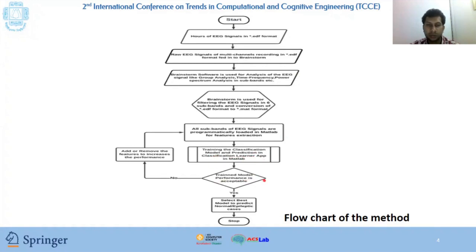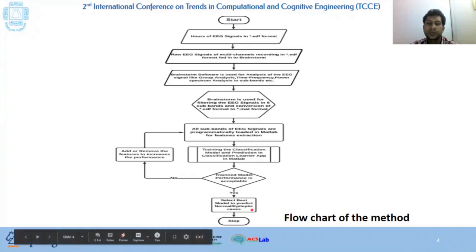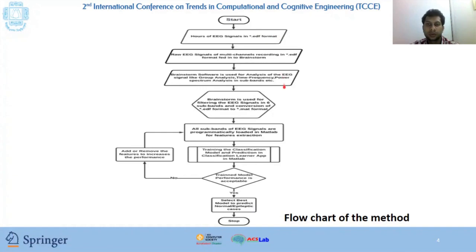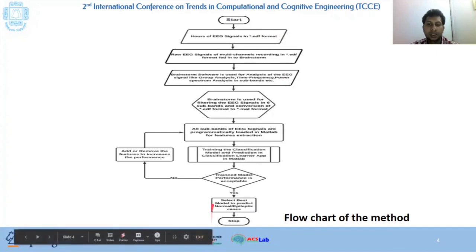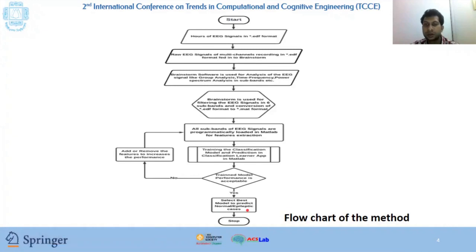If the trained model performance is acceptable, then we take the best of them and predict the normal and epileptic cases which were not used earlier in the feature extraction process. That is a new data set being tested for the accuracy, speed of prediction, sensitivity, false error rate, etc.